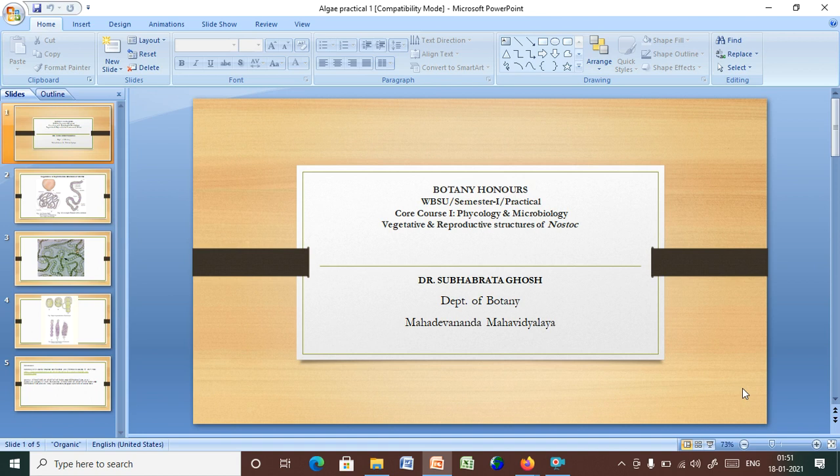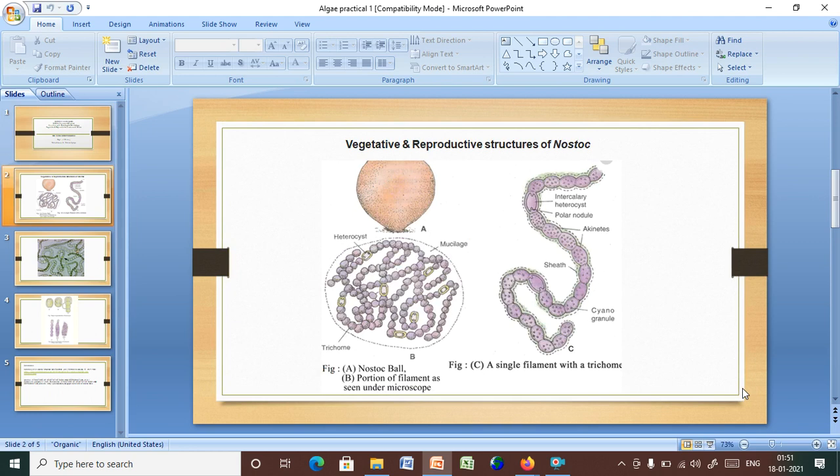So, Nostoc, Anabaena, Oscillatoria, Gloeotrichia, Stigonema, etc. All these are members of BGA or blue-green algae. Now, according to the syllabus provided by the West Bengal State University, we have to understand the basic vegetative and reproductive structure of Nostoc.